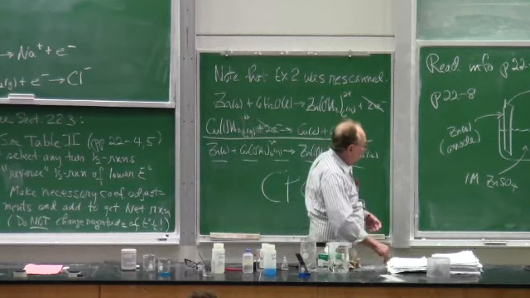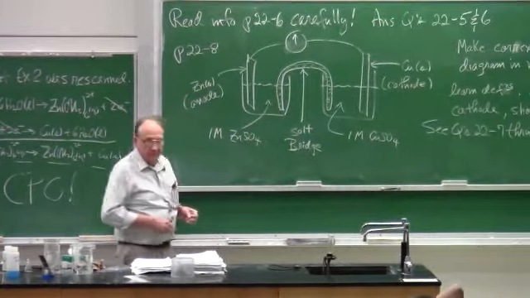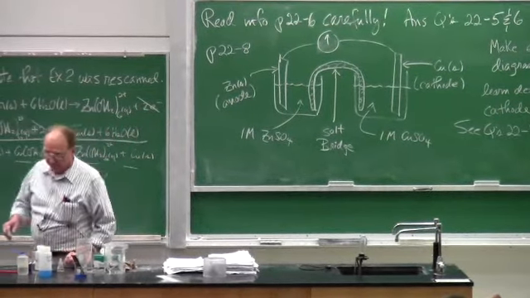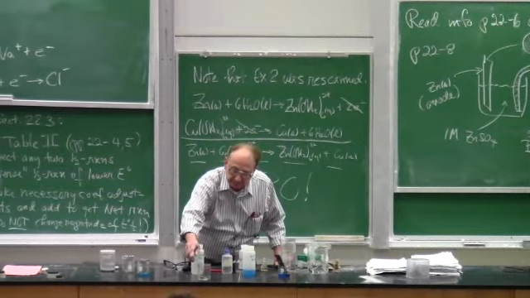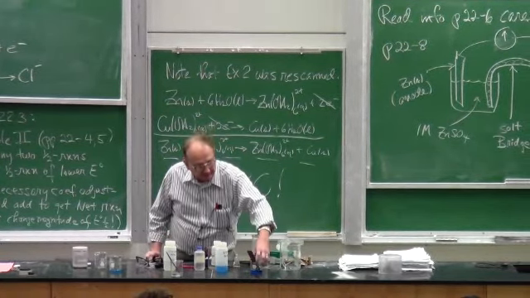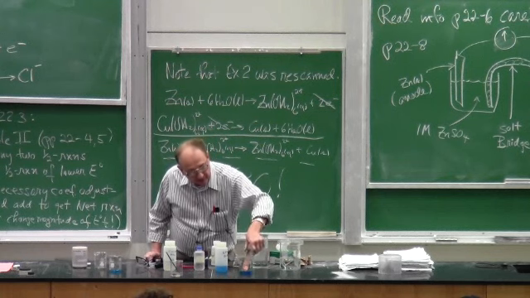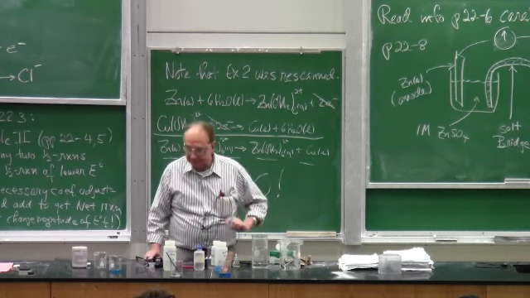Here's how we do it, or a way to do it. In a beaker, we're going to put some zinc sulfate solution and a strip of zinc. Now we have that here. In a second beaker, we're going to put copper strip in copper sulfate solution. We have that here.